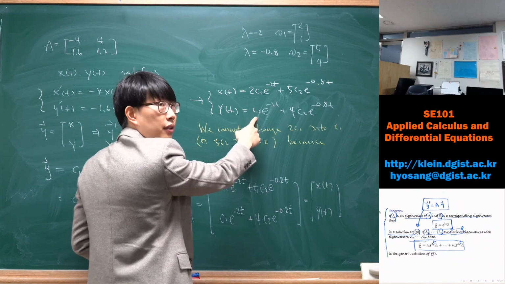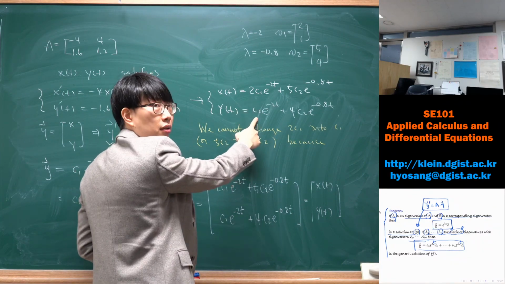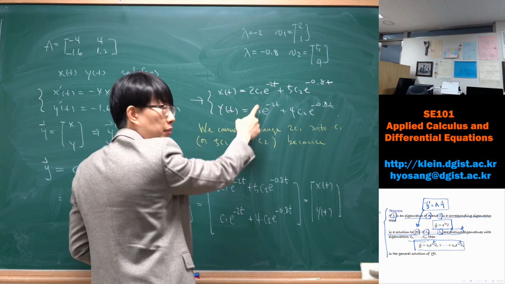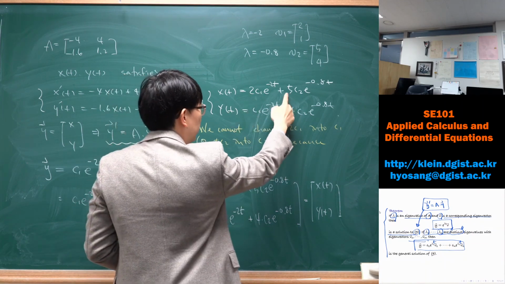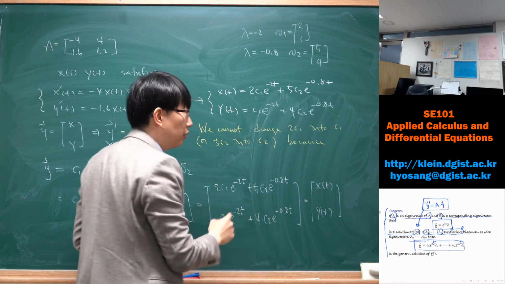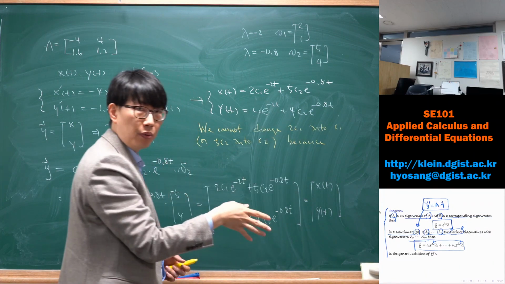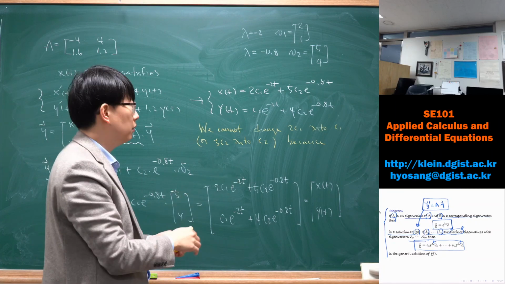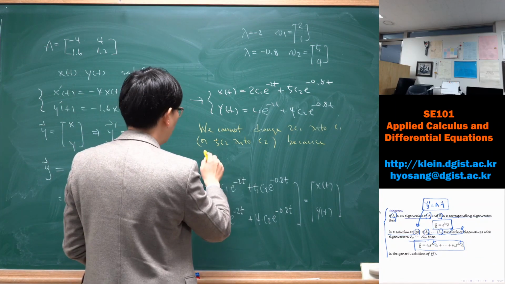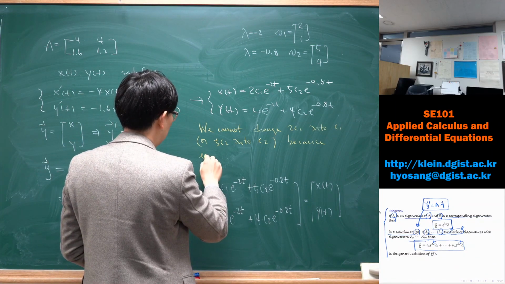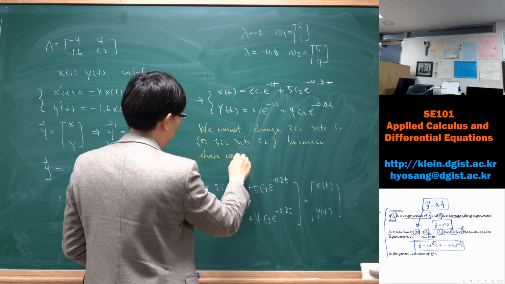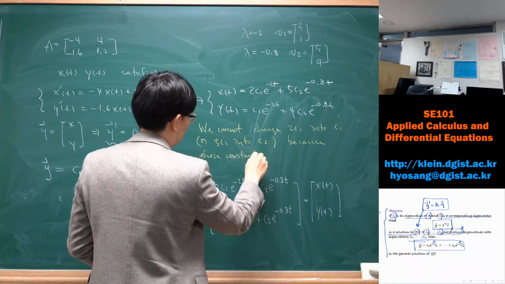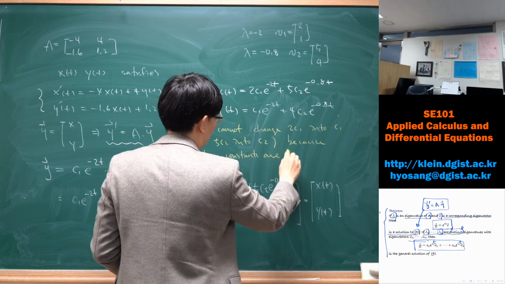They are related. They are not independent constants. So these constants 2, 5, 1, 4 are very important. You cannot just get rid of them because these constants are related.